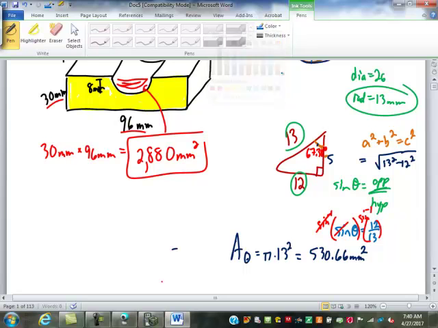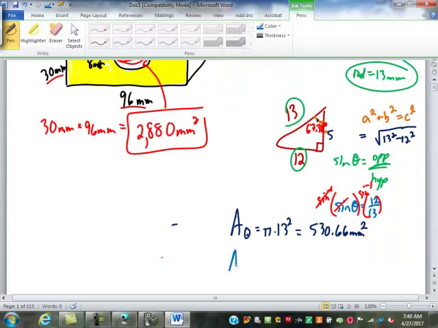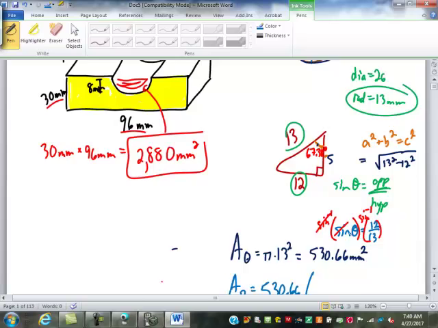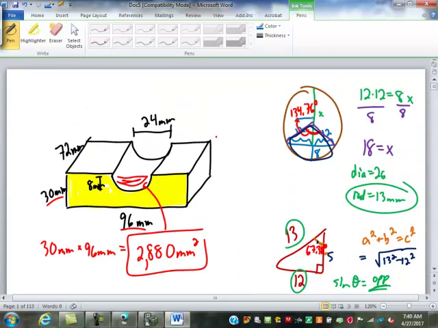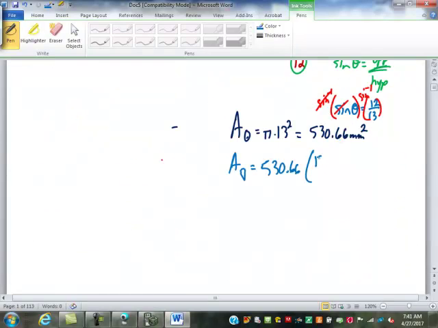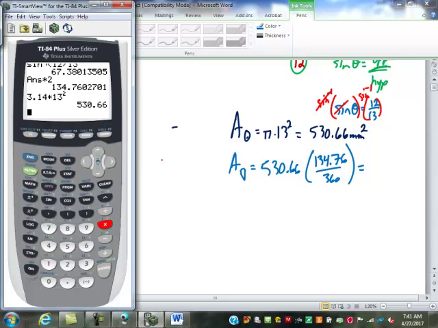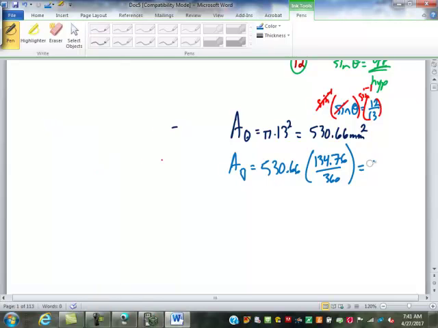So then the area of that sector is the area of the circle, the 530.66, times the 134.76 over 360. 198.64 is the area of that sector.